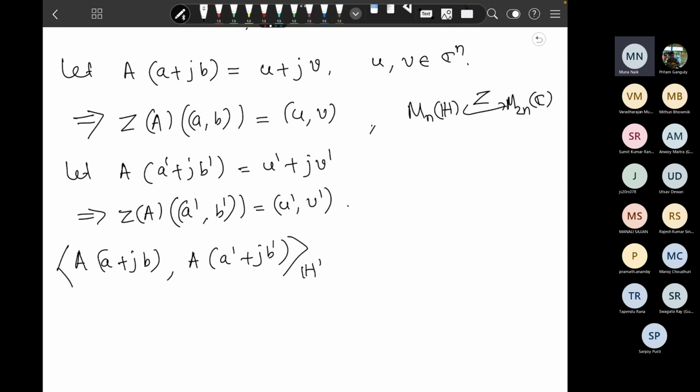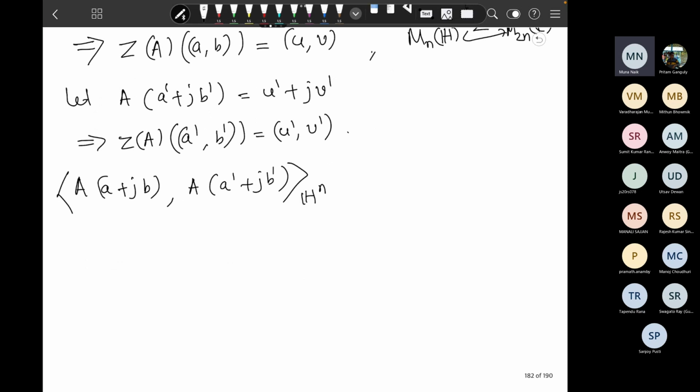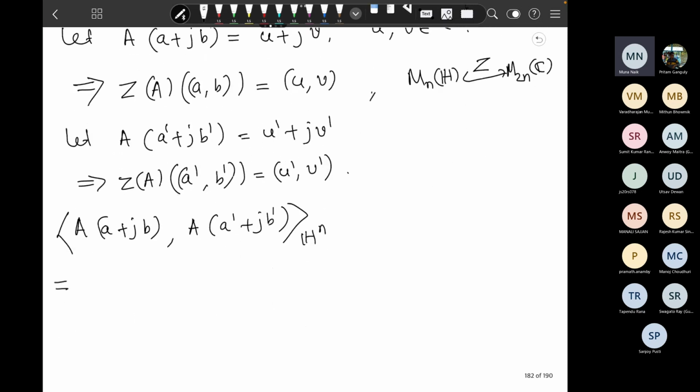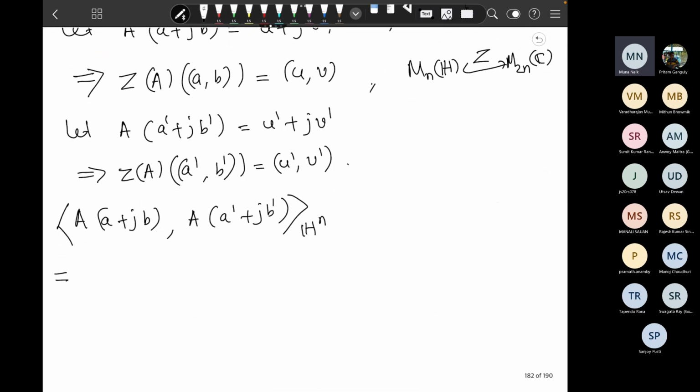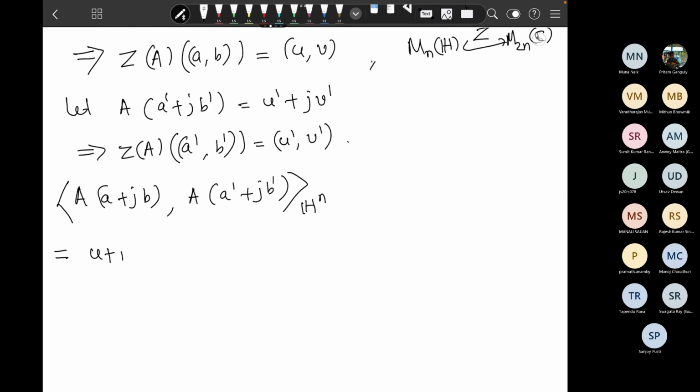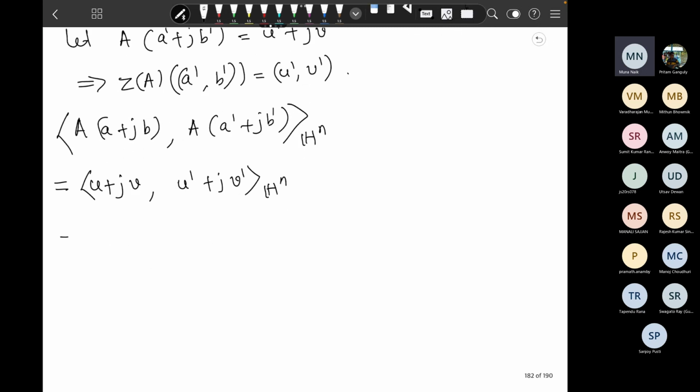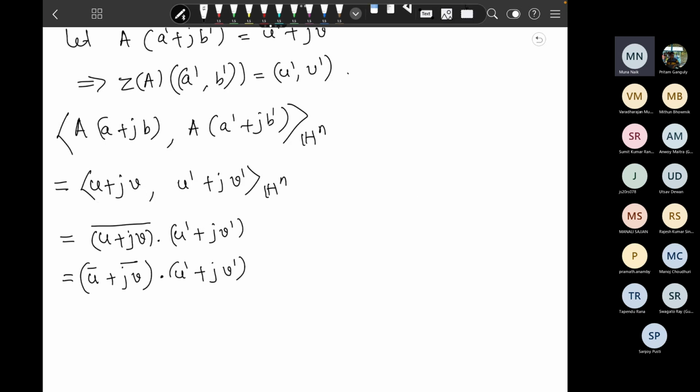This is the H^n in the n-dimensional quaternionic vector space, and that is really what, U plus JB and U' plus JB' in H^n, and this is really something like (U plus JB) bar, the quaternionic conjugate, dot (U' plus JB'). So U bar plus JB bar dot U' plus JB'.